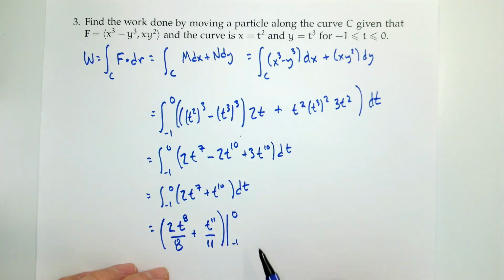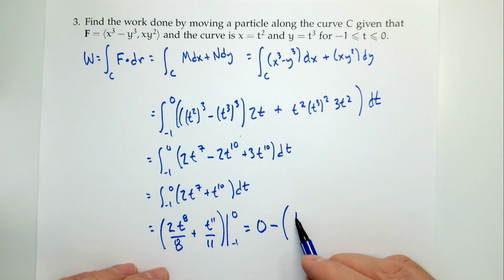So what does that do? Well, when you plug in 0, you're going to get 0 and 0. So 0, well, that's different, minus. Plug in minus 1. Now, for the first term, minus 1 to the 8th is still positive 1, because if you have a negative multiplied 8 times, you get a positive. Then you have 2 over 8, which is really 1 over 4.